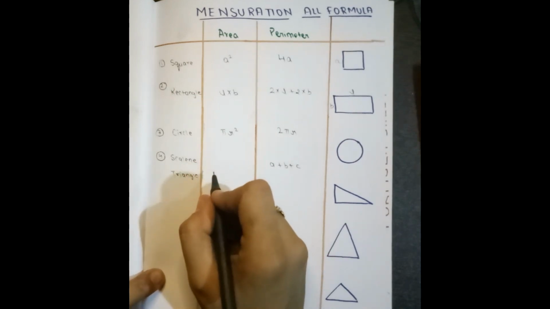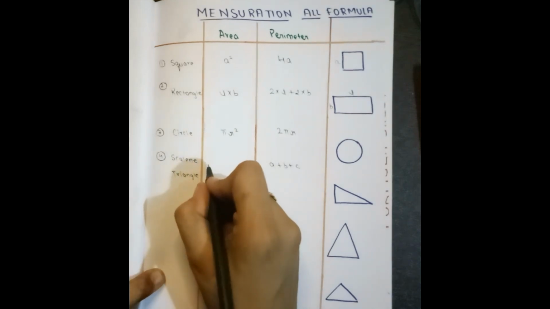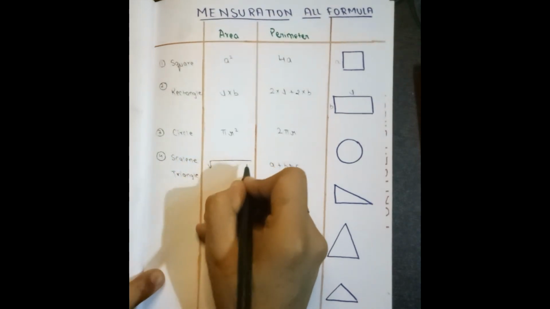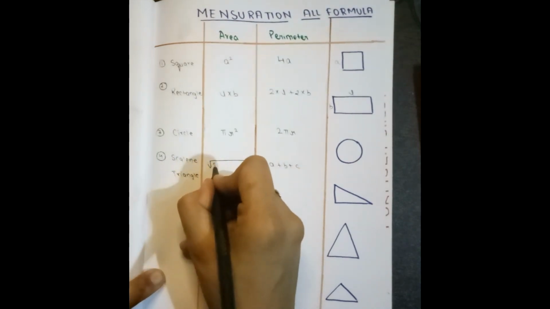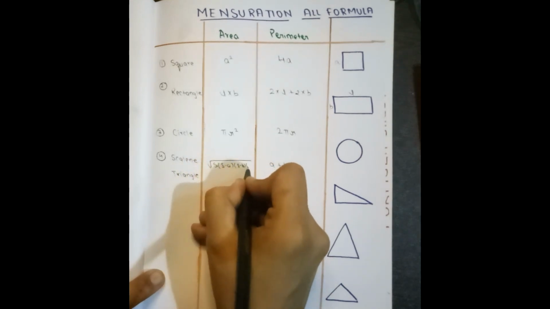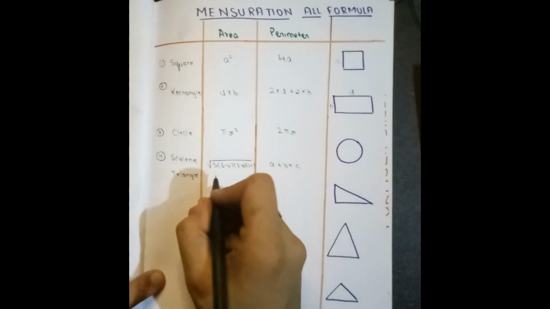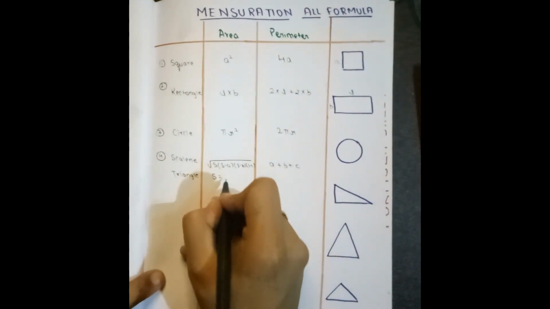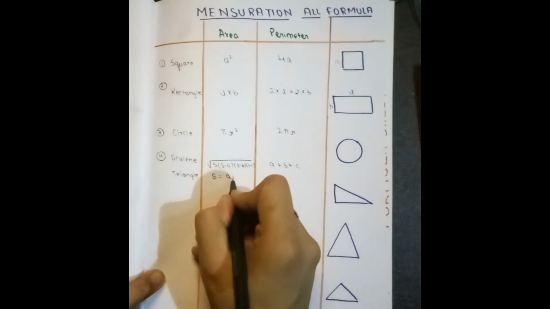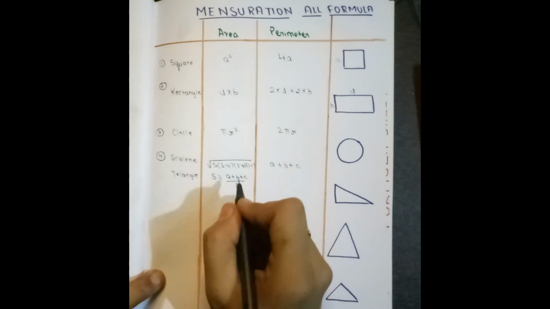To find the area, we use Heron's formula, which is the square root of S into S minus A into S minus B into S minus C, where A, B and C are the sides and S is the semi-perimeter, meaning A plus B plus C by 2. So this is the formula for the scalene triangle.